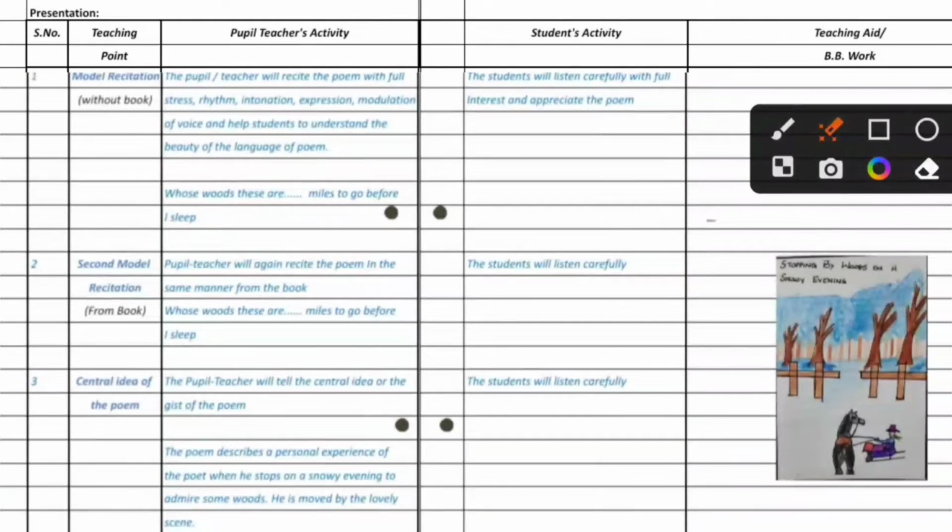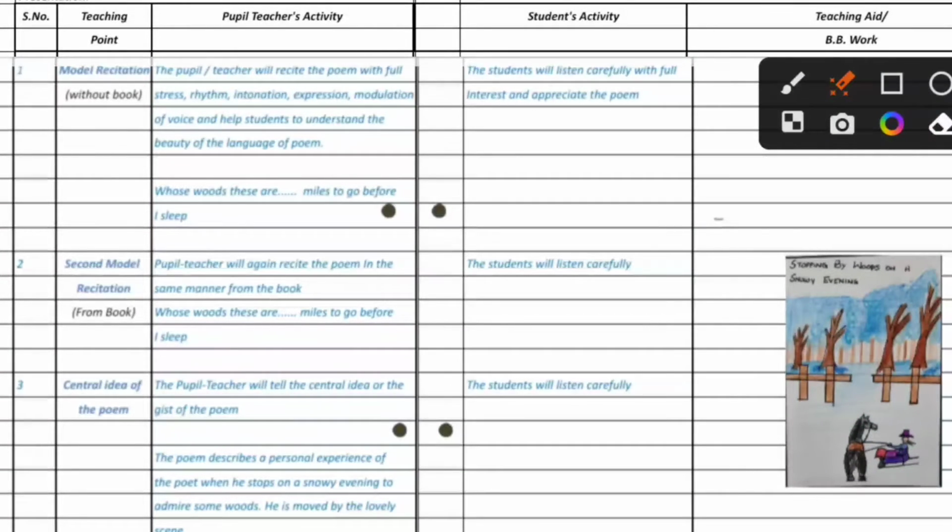carefully. So in this teaching point, you have to show the chart or model to the students while you are telling the central idea of the poem. So here in your lesson plan, in the column of teaching aid/blackboard work, you can paste a miniature of the picture showing a snowy evening.